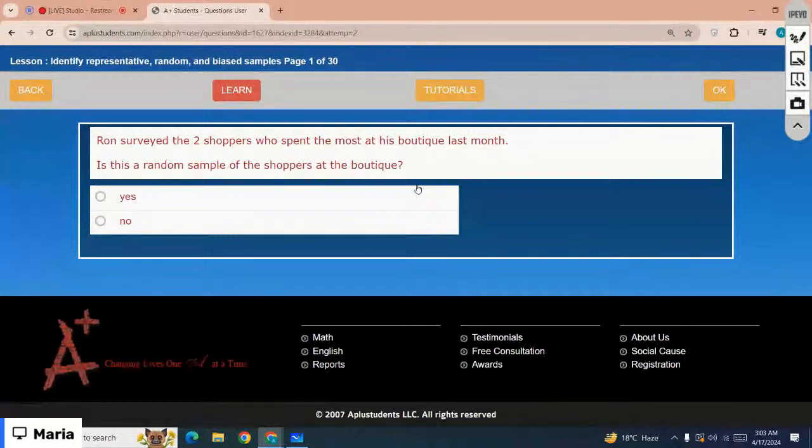Yes or no? The correct option is no. This is not a random sample. Why? Because these are the two shoppers who spent the most at his boutique, right? That means they are different from the other shoppers. So they are the biased sample, right? The correct option is no, this is not random. This is the biased sample.